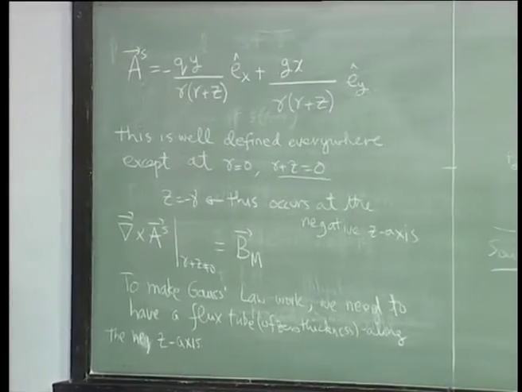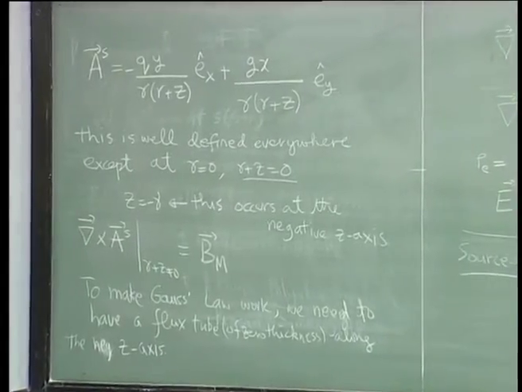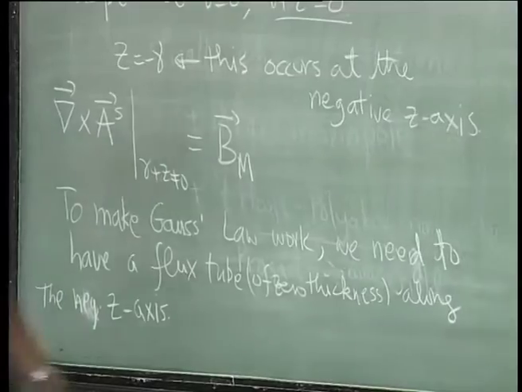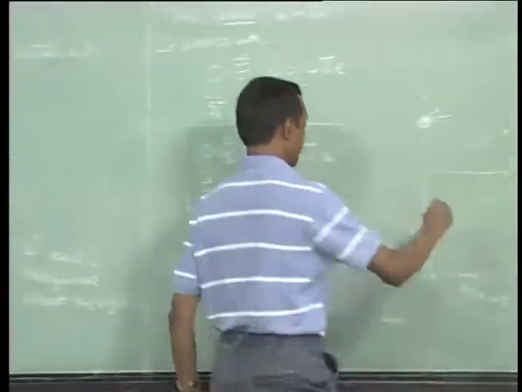Okay. This was Dirac's observation. And since a tube of 0 thickness is a string, this object has a name, it is called a string, a Dirac string.